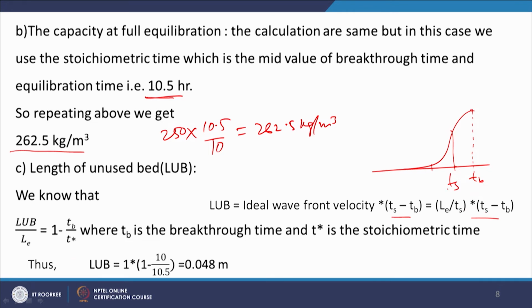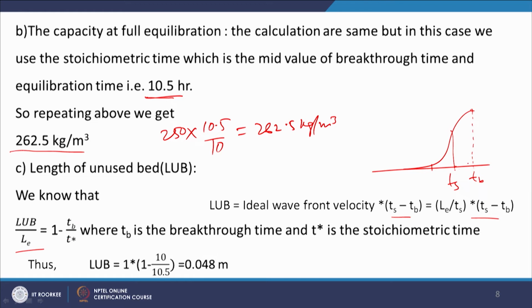So, in that case we have seen that LUB is equal to Le into Ts minus Tb by Ts, that is Ts is T star. So, Le into 1 minus Tb by T star. This is the formula we have used in our previous class to calculate the LUB value. So, in this case Le is equal to 1 meter and Tb and T star.